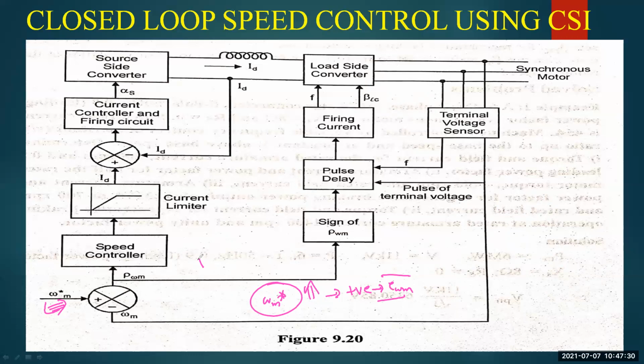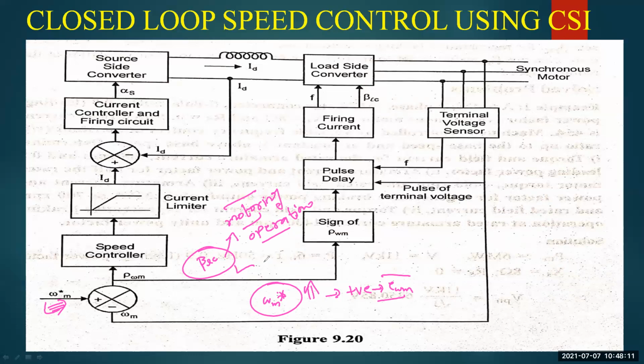Then the commutation lead angle beta LC is set to motoring operation. Based on the commutation lead angle, it works in motoring or braking. So if the speed error becomes positive, beta LC is set to motoring operation.